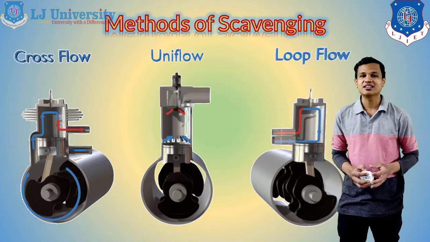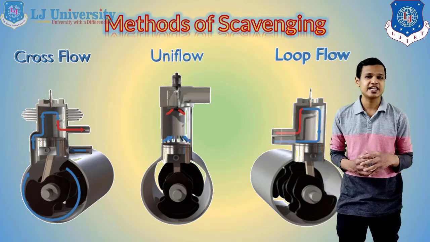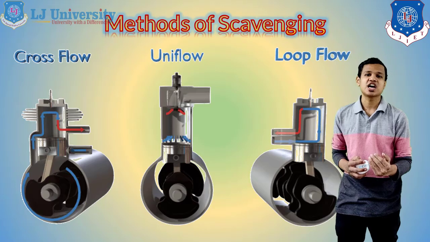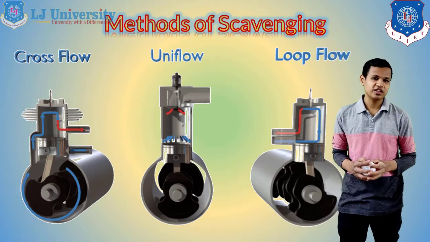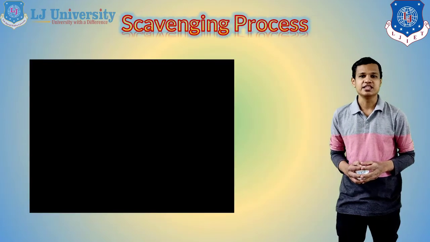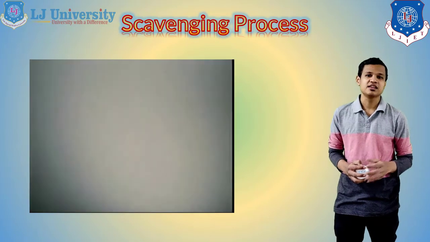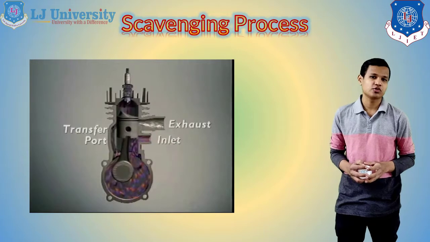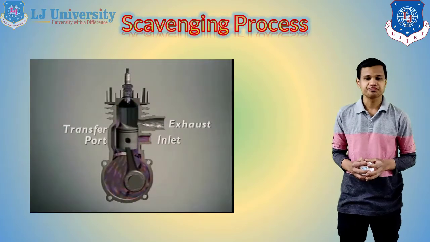So these three are the methods basically used to provide scavenging in the engine. To provide the scavenging, first we will have to pressurize the charge below the piston. After pressurizing the charge, one of these methods can be used to provide the scavenging in the engine. Now you can see here the scavenging process that is generally done. We will see two, cross flow and loop flow, and how they happen in the engine.